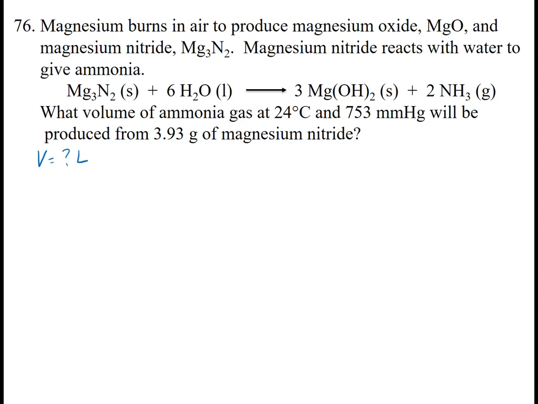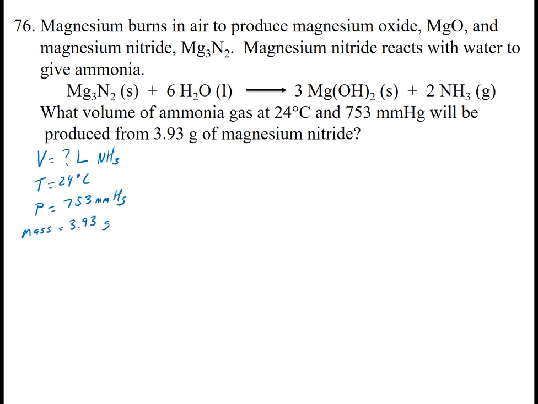This is NH3, at a temperature of 24 degrees C, and the pressure is 753 millimeters of mercury.